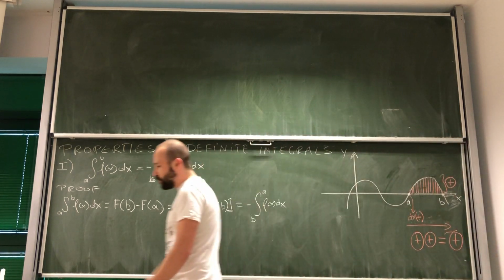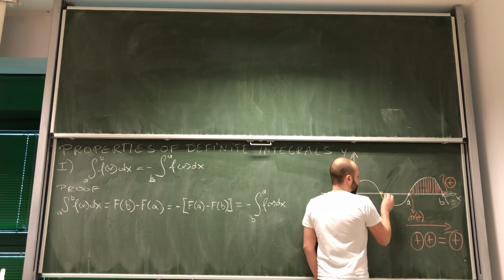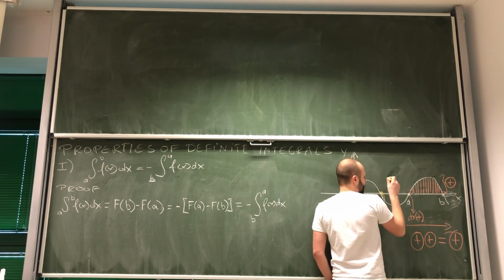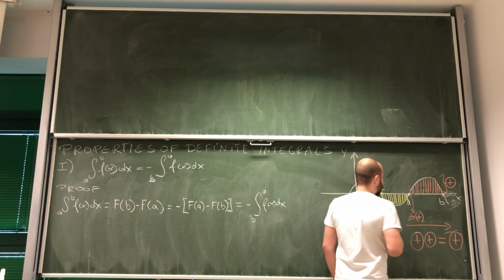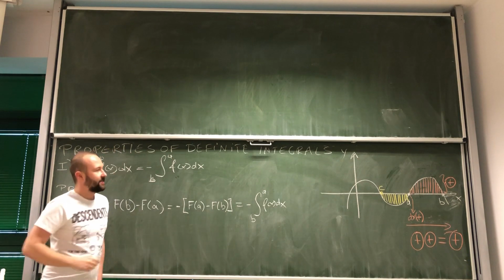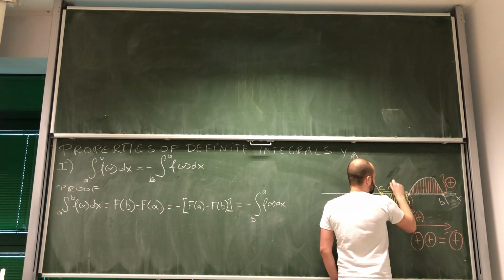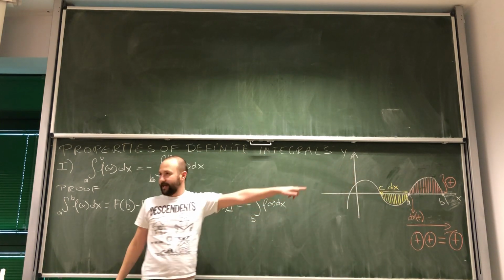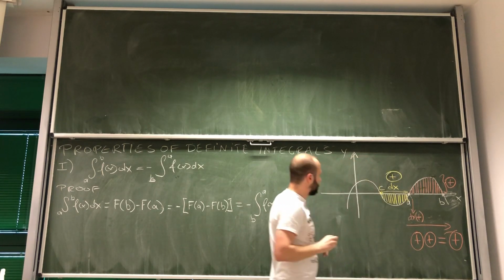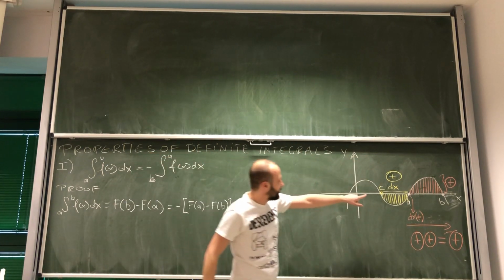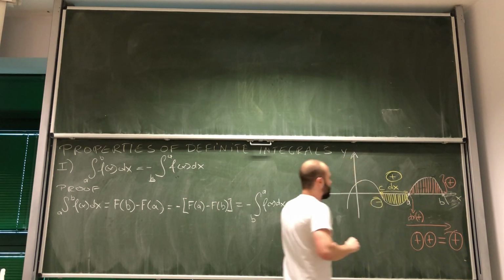But look, what would happen if we were interested in the area between point C and A? Again, the dx's over here represent movement to the right, so they are positive. But now look, all the heights over here are below the x-axis. They are all negative.